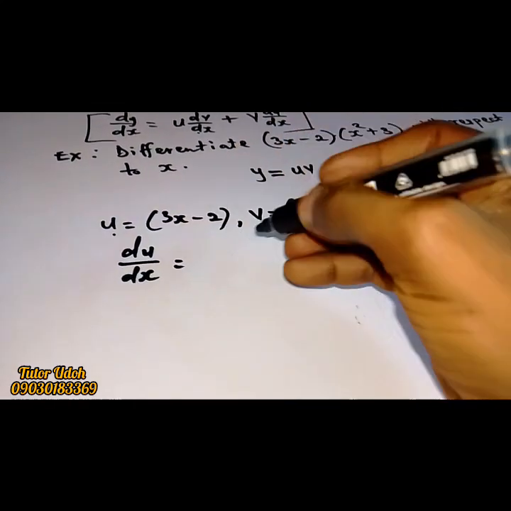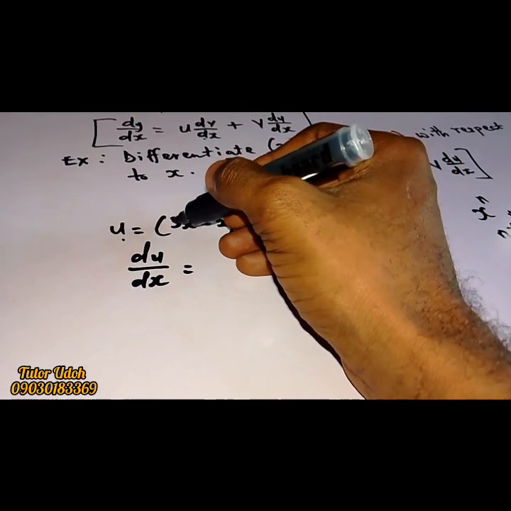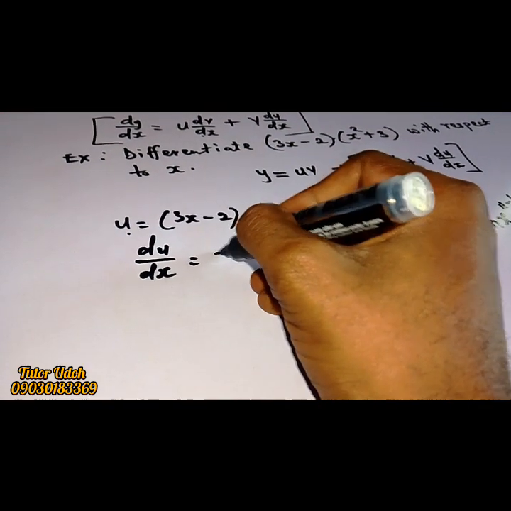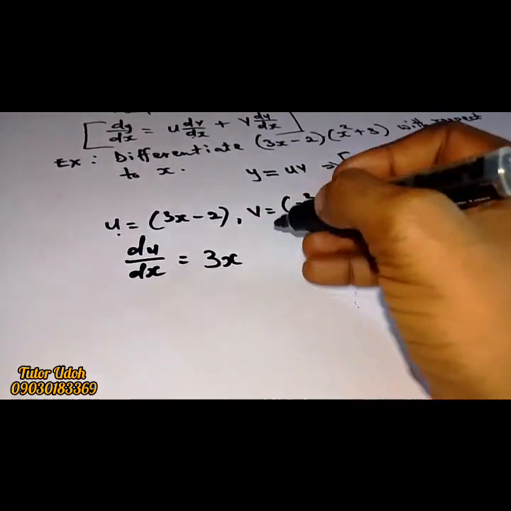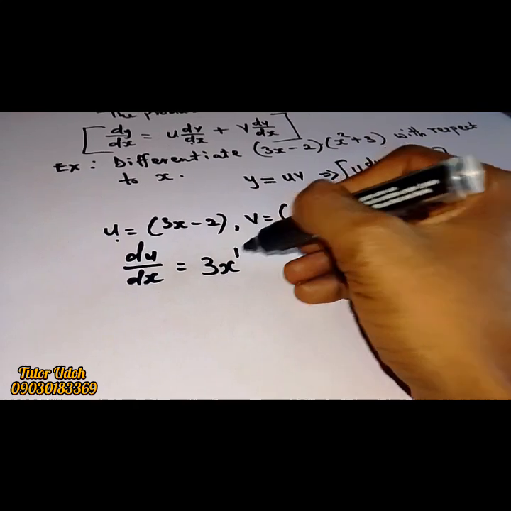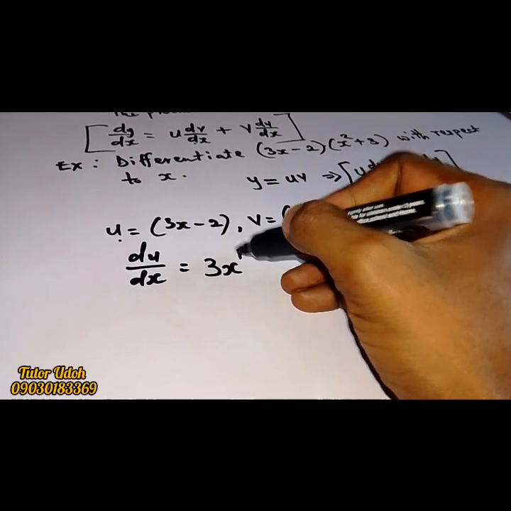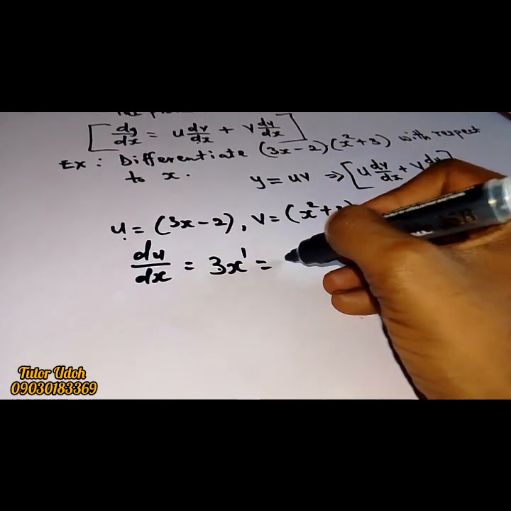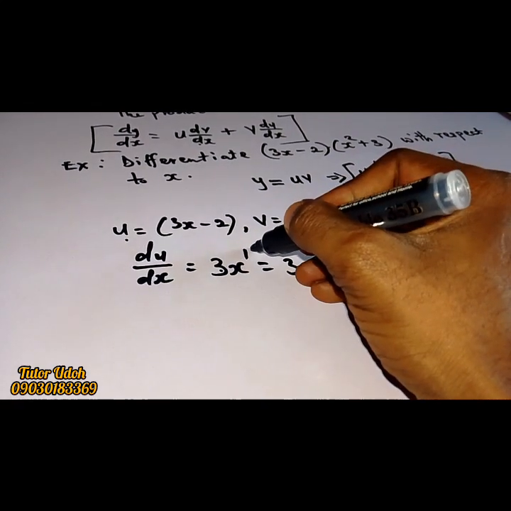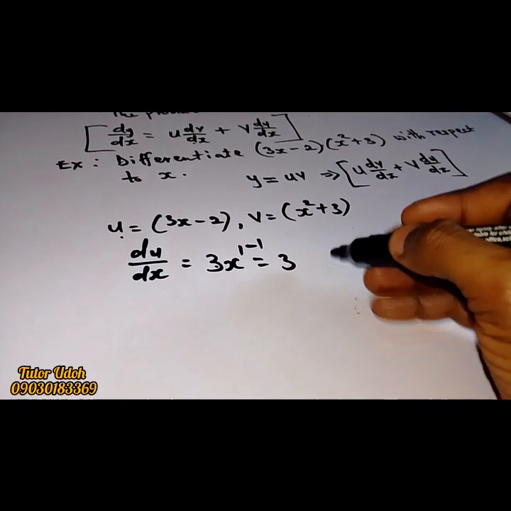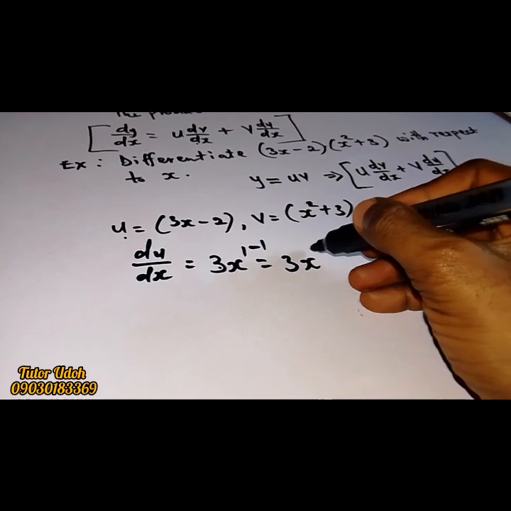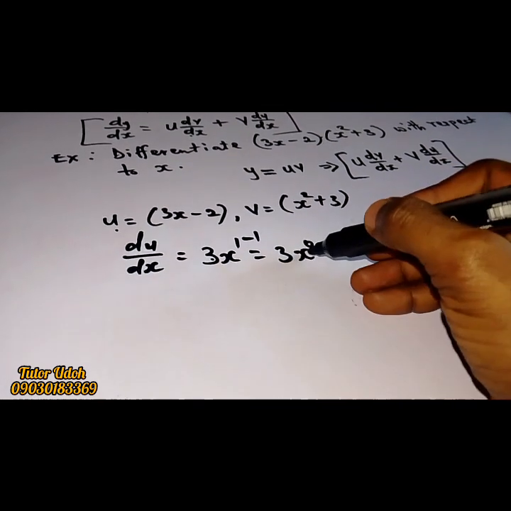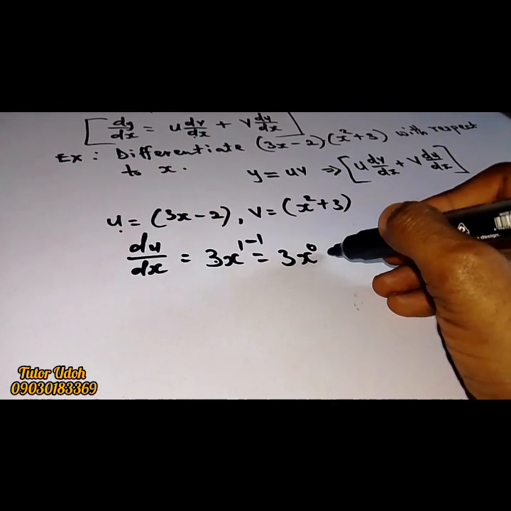Then we are going to find the derivative of this 3x. So if we have 3x, this x has a power of 1. So if I multiply 1 times 3, it's going to give me 3. Then I will subtract 1 from that power of 1. So that will be x raised to power what? 0. So anything raised to power 0 we know is what? 1.